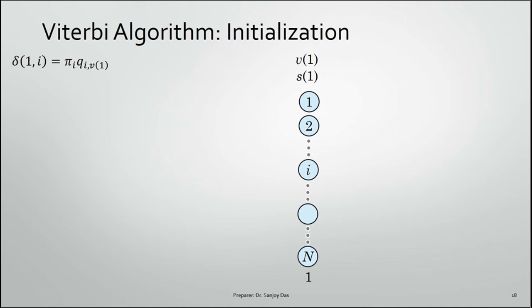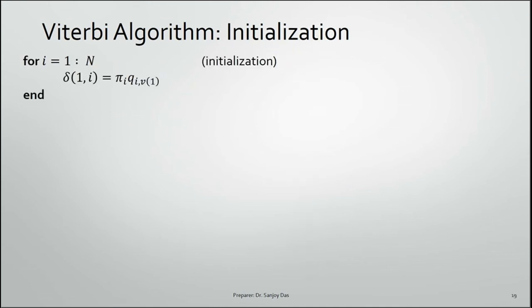Delta 1 i for each i is pi i times qi of v1. We initialize it for all i's. So for i equals 1 to n, delta 1 i is pi i qi v1.